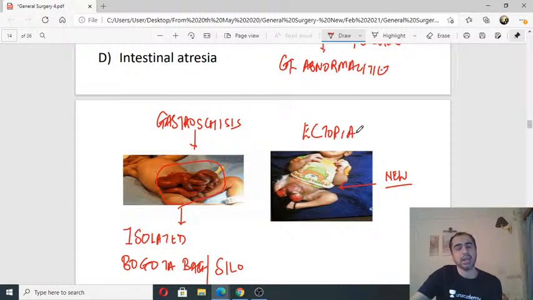Ectopia vesicae literally means there is an exposed bladder in the lower abdomen and the anterior abdominal wall is deficient. But you cannot actually see the bladder. You will have the bladder trigone, but you cannot make out it is the bladder. So don't expect anything bombastic. It looks like nothing except a granulating wound.